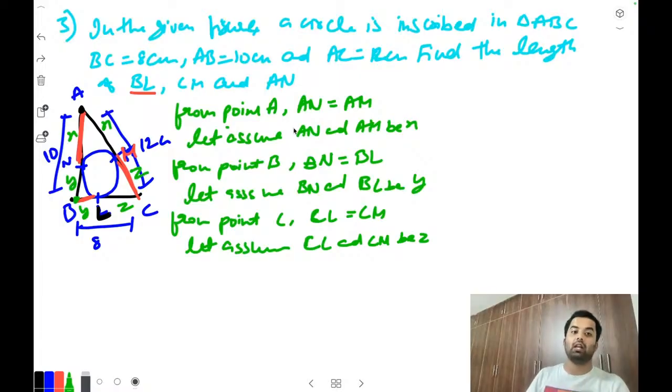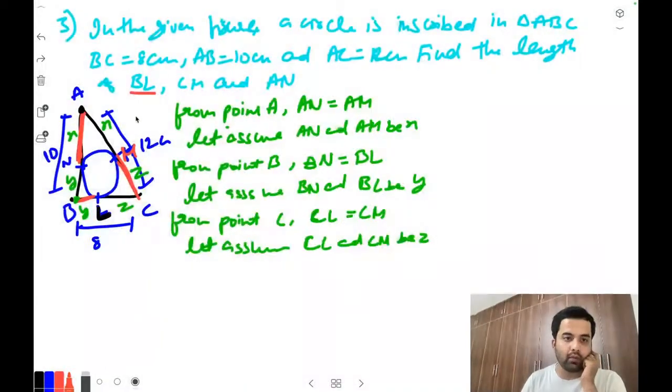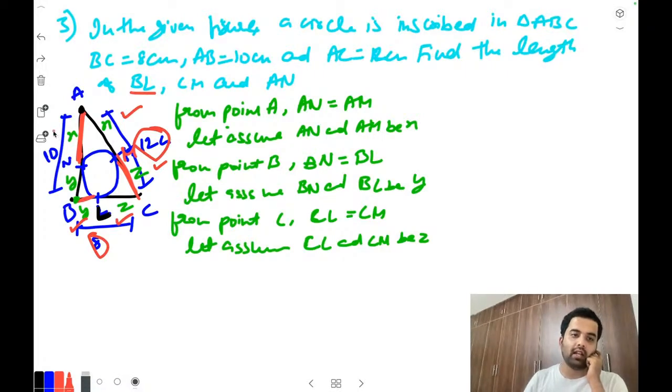Now let me know what the equation will come. If you add X plus Z, what will come? 12. If you add Y plus Z, what will come? 8. Same way, if you add X plus Y, what will come? 10. Correct? So let us write all the equations here.